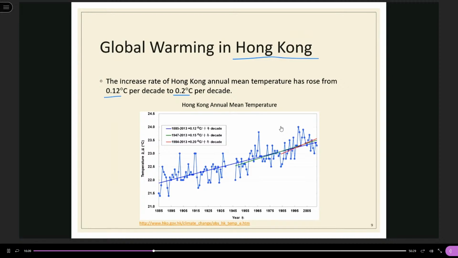Some years ago, we had 0.12 degree of air temperature rise per decade, but now 0.2 degree per decade. Maybe next year or next decade, we will have 1 degree of air temperature rise per decade. So it is getting higher and higher.